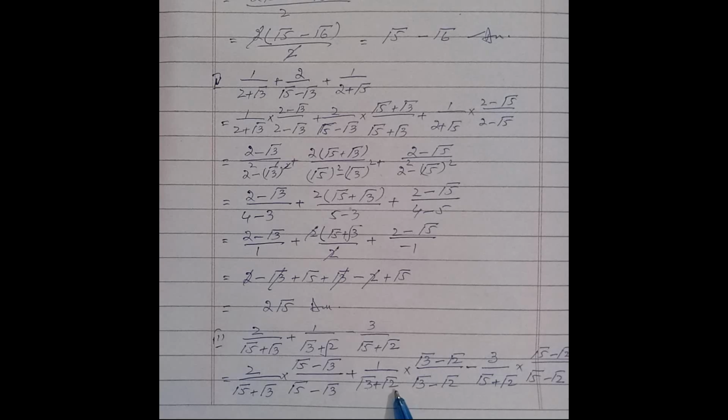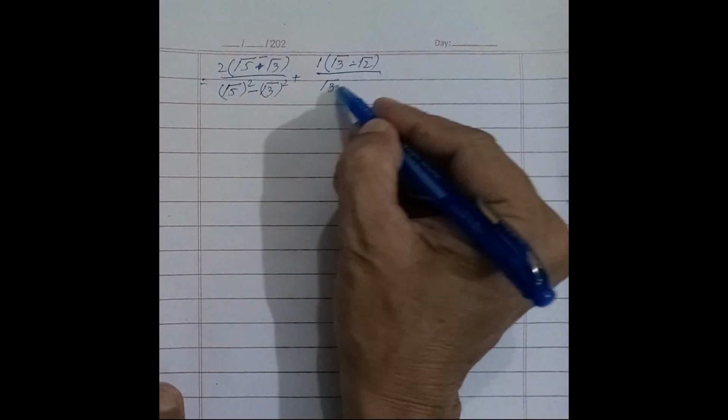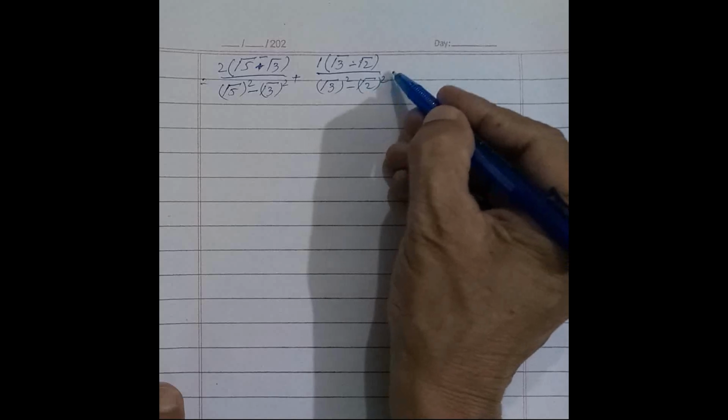The answer is a square minus b square. Square root 3 whole square minus square root 2 whole square.